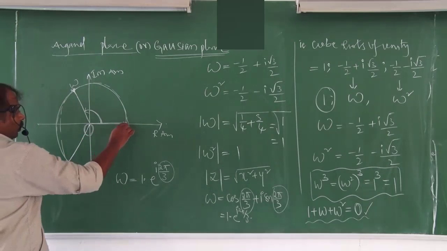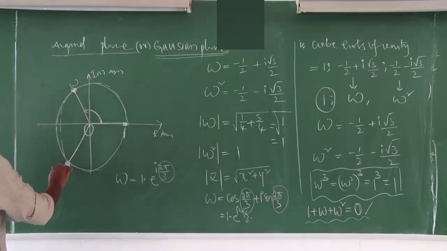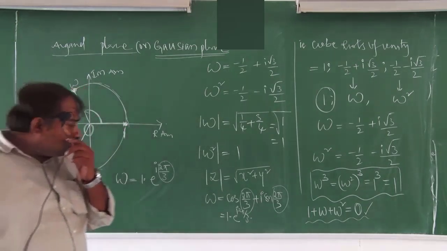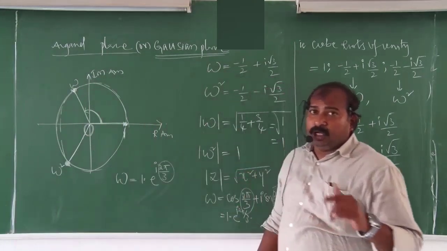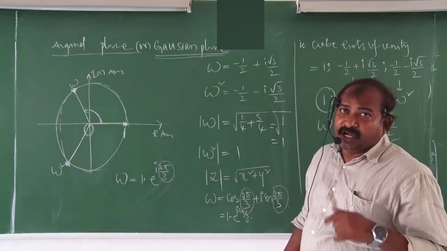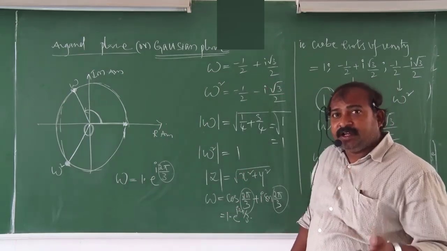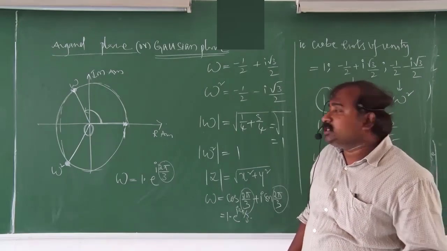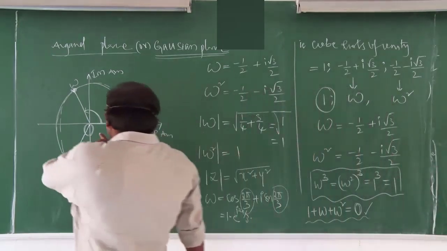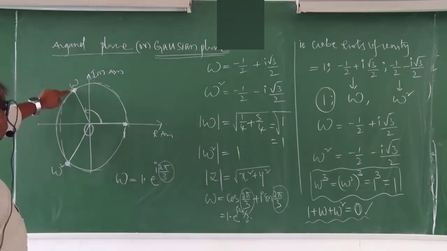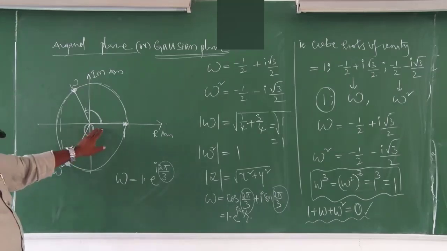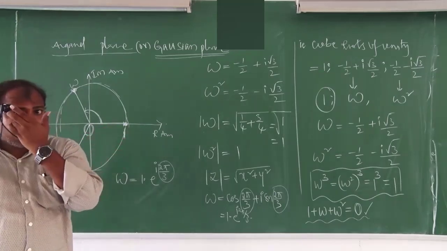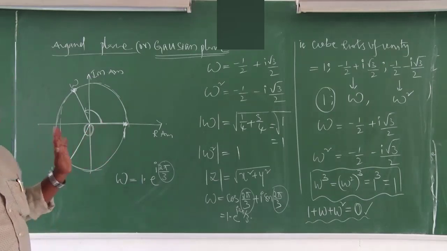These are the cube roots of unity, 1, omega, omega square, and they lie on a circle of radius 1 unit. Why 1 unit? Because modulus of 1 equals 1, modulus of omega equals 1, and modulus of omega square equals 1. Okay, remember this concept also.